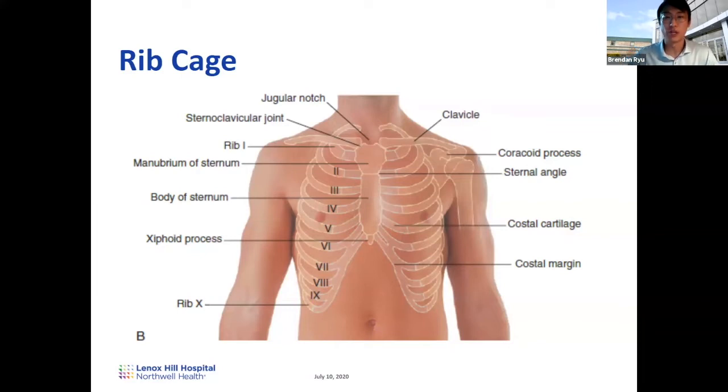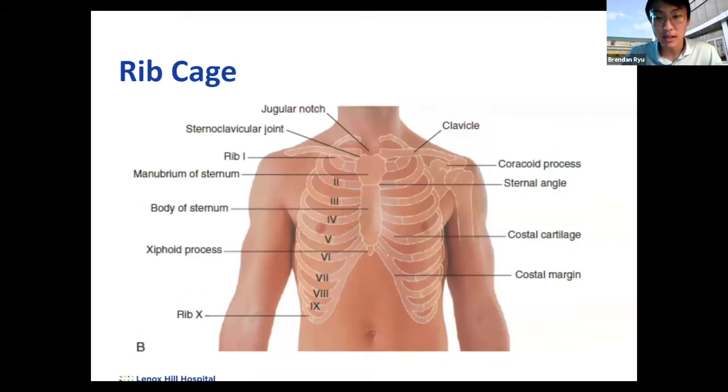These are the classic ribs that you can feel in the front part of your body. 8, 9, and 10 are the false ribs. And one way I try to memorize this is 7, 8, as in the past tense of eat, 9 and 10. So you would see 8, 9, and 10 ribs attached under rib 7.